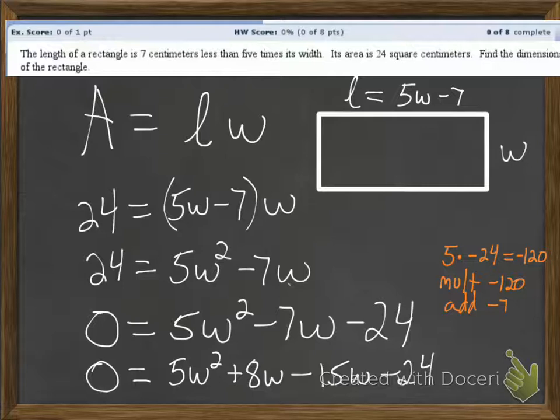So I look at the product of the 5 and the 24 to be negative 120. Look for things that multiply to be negative 120 and add to be negative 7. The two numbers that will do that will be a positive 8 and a negative 15. So I rewrite it as 5w squared plus 8w minus 15w minus 24.